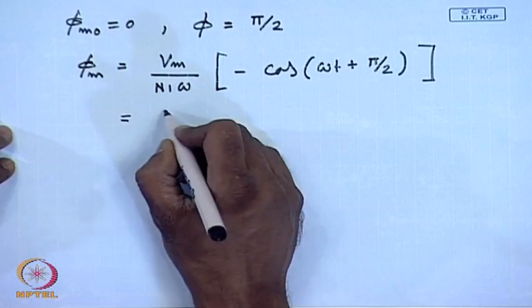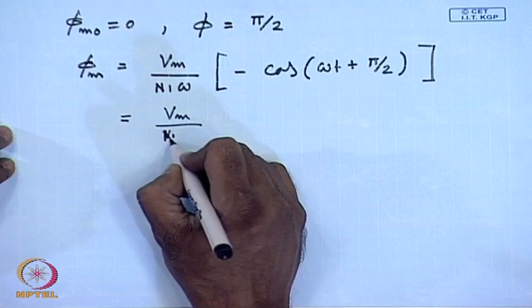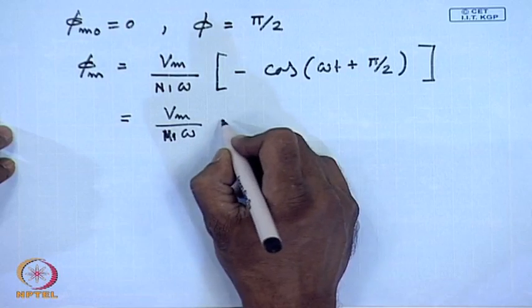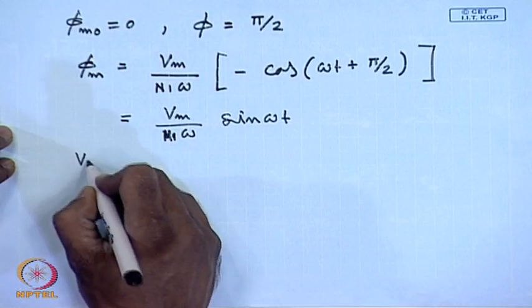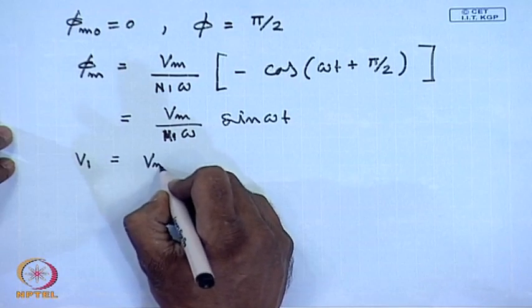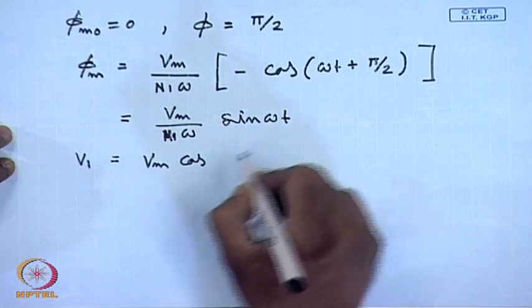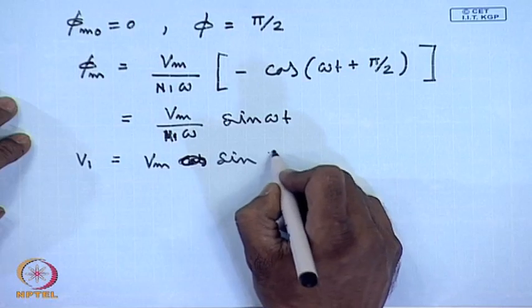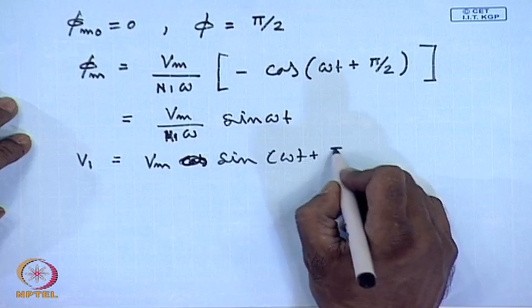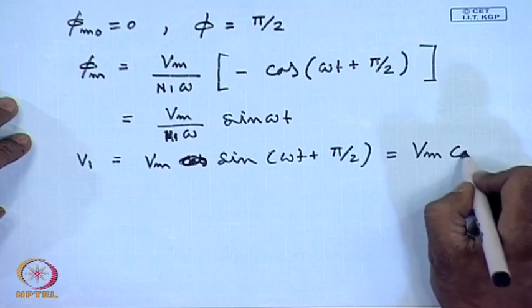This is equal to V m by n 1 omega sin omega t, whereas V 1 in that case becomes V m sin of omega t plus pi by 2, which is equal to V m cosine omega t.